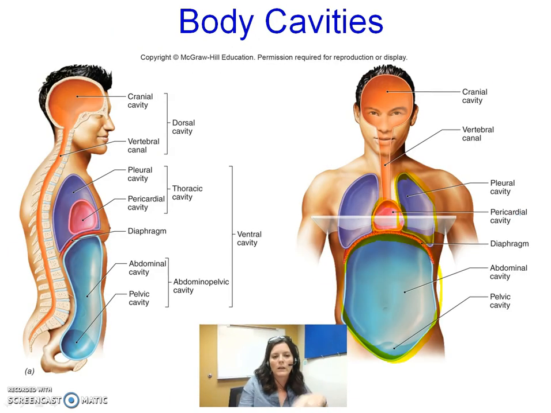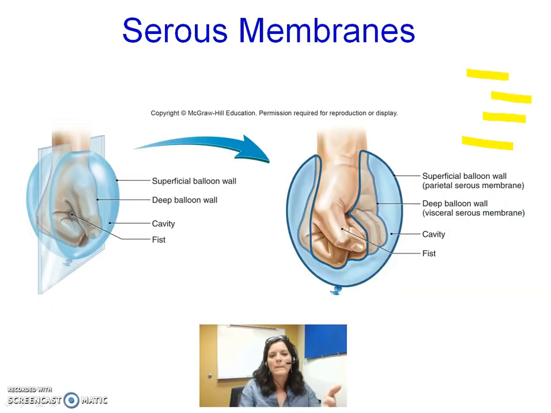Let's go back here. So all of these ventral body cavities are lined with serous membranes. The serous membranes are double layered. There's the outer layer, which is called parietal, and the inner layer called visceral. And anytime you're talking about these membranes, you're going to have two names.